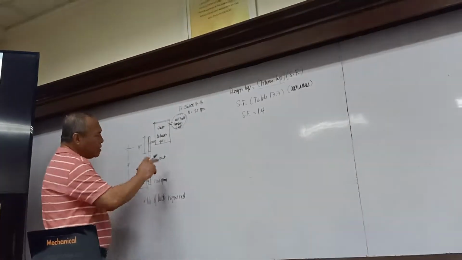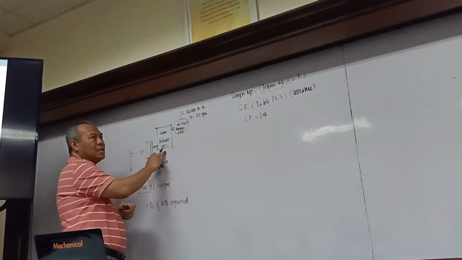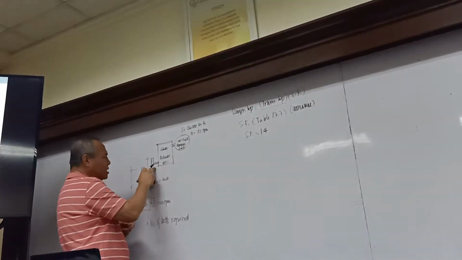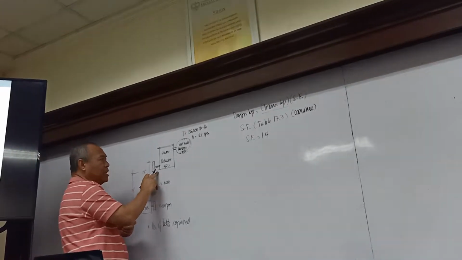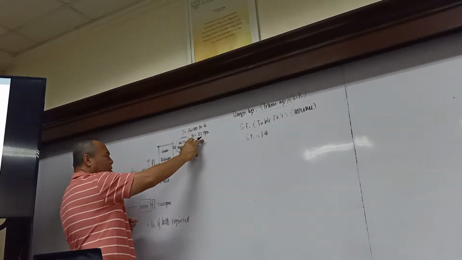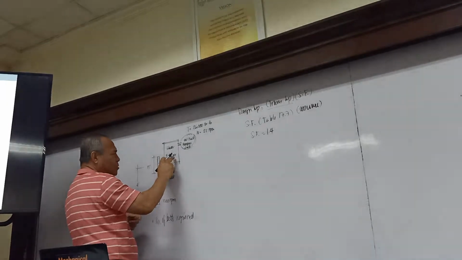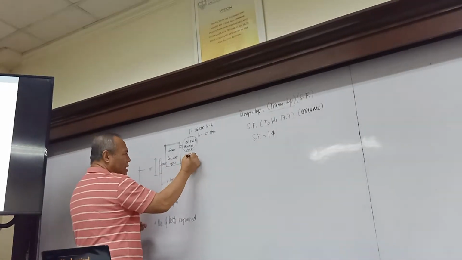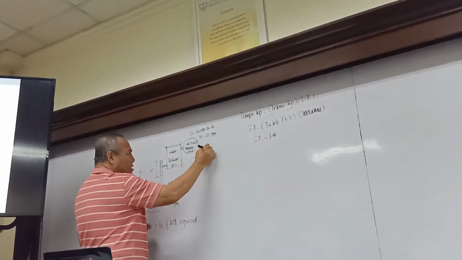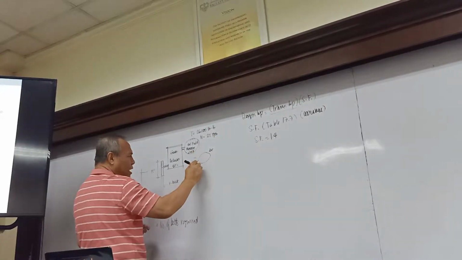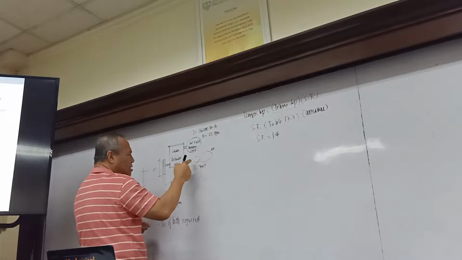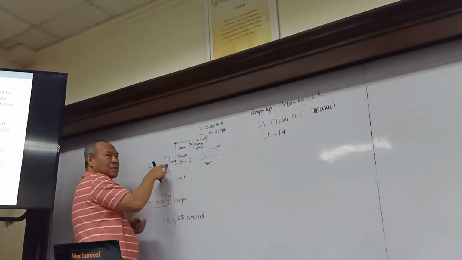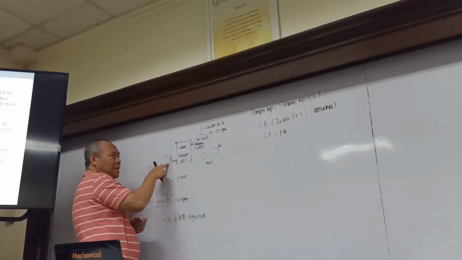If we have a 40:1 speed reduction, with the 13-inch sheave attached here, whatever RPM we have on this side will be the same RPM on this side, because it is like a gear reducer.